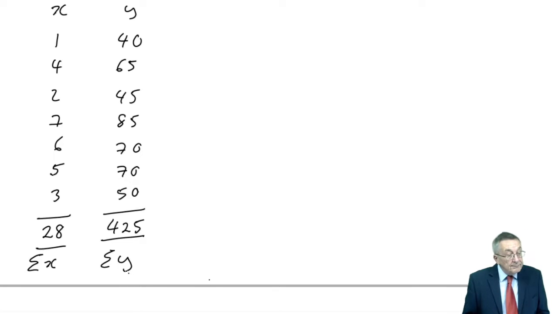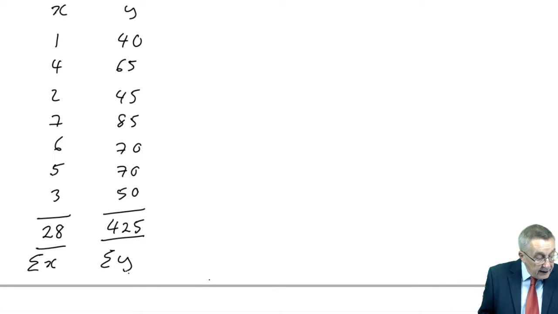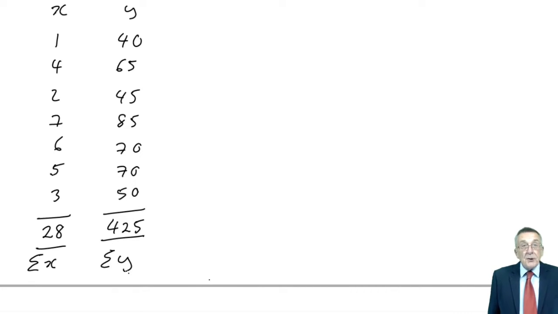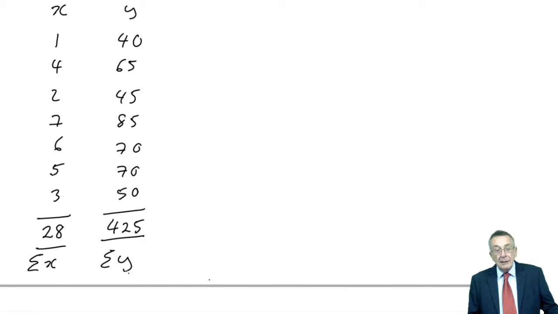What else have we got? If you look in the formula for B, there's a sigma xy. Well, it's the sum of whatever comes after it. It's the sum of all the x times the y's.